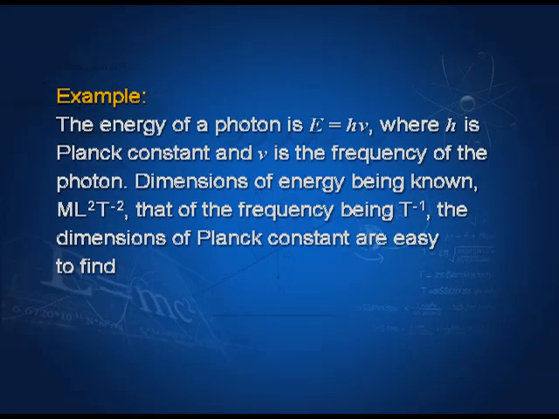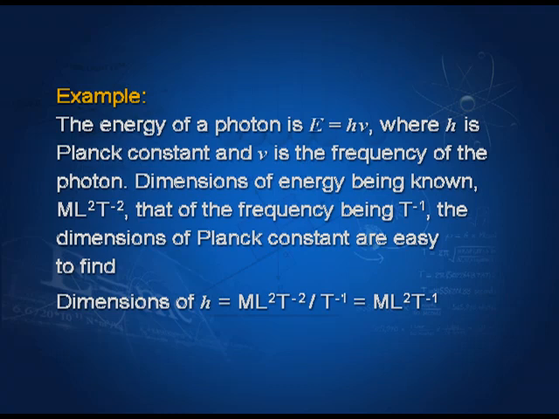We write dimensions of h equal to M L squared T minus 2 divided by T raised to the power minus 1, which gives us M L squared T to the power minus 1. So, the dimensions of h we have found very easily, they are M L squared T to the power minus 1. Note that numerical factors like half in the expression for kinetic energy have no dimensions.